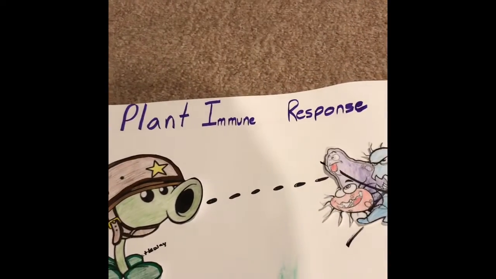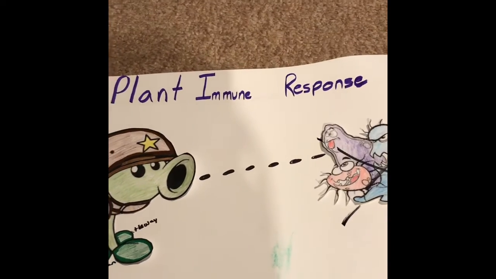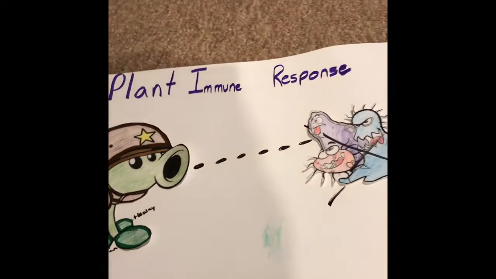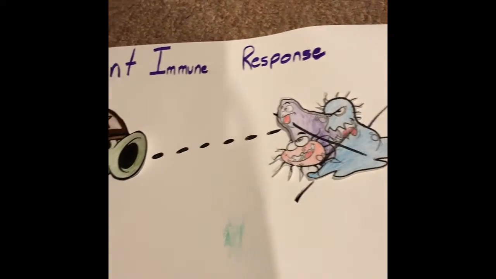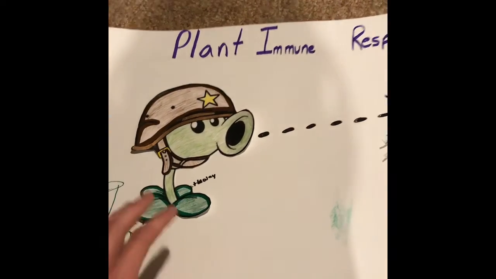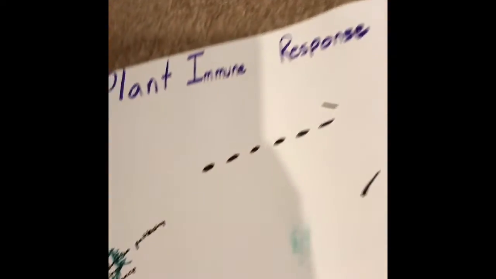To conclude this video on the plant immune response, one thing I really hope you took away from this is, it's nothing like Plants vs. Zombies. The plant just can't shoot bullets at the bacteria and end up killing it. In all reality, this sadly is not how it works.